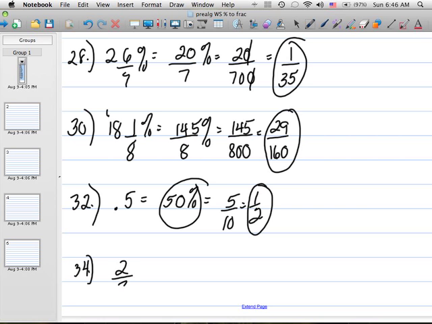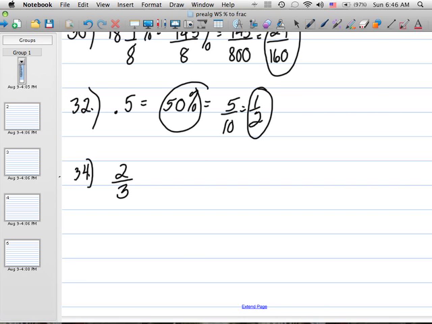34, I'm given the fraction 2/3. And I need to change it to a decimal, and we know the decimal for that is 0.6 repeating. And then to the percent, I could slide the decimal over 2 to the right.